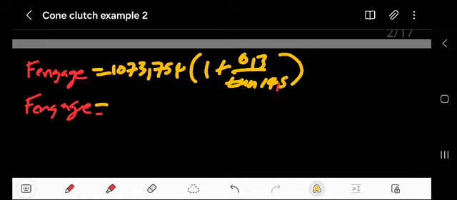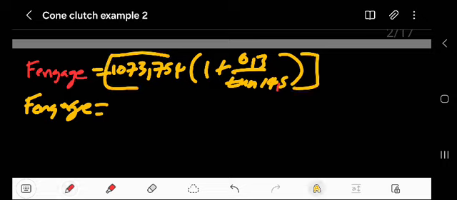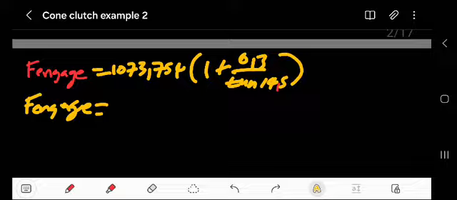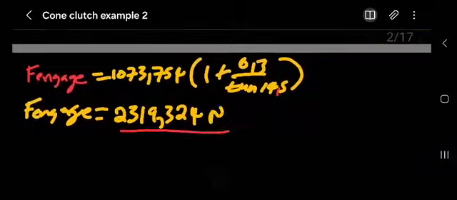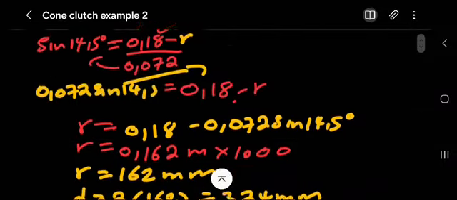This would be simply equals, if you punch the whole of that, it will give us 2319,324 Newton. So we have this.